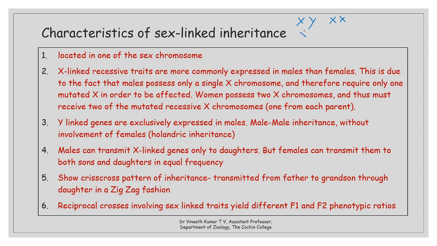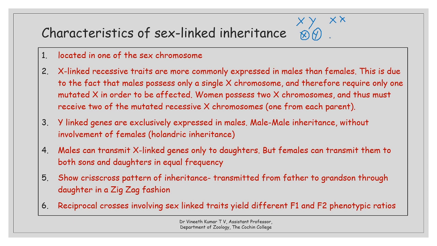Here the male will produce two different gametes, an X gamete and a Y gamete. So these are the two gametes which are produced by the males. So if the offspring of these two parents is a male, it can be clearly said that the X chromosome is donated by the mother and the Y chromosome can be given only by the father.